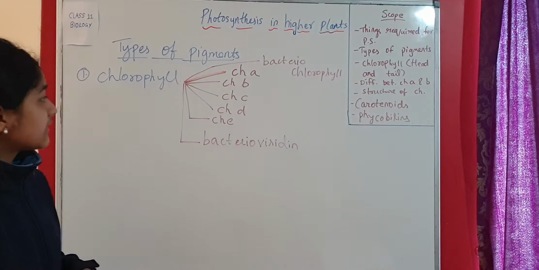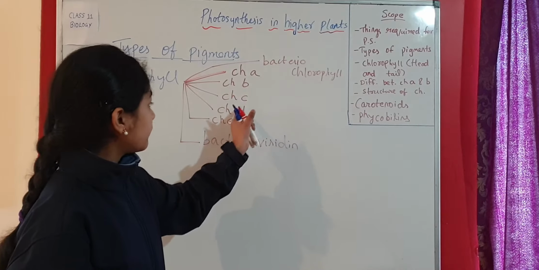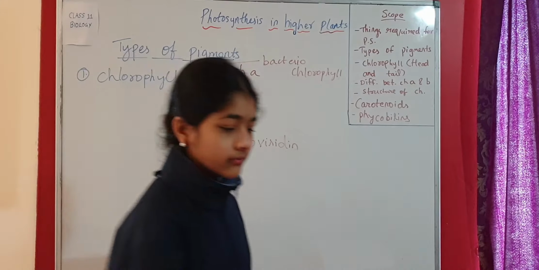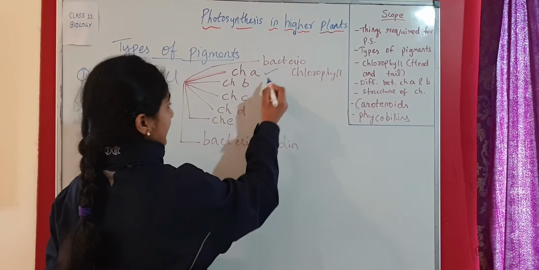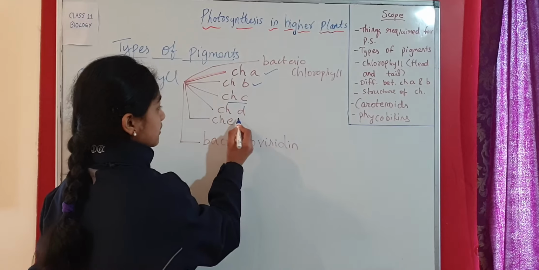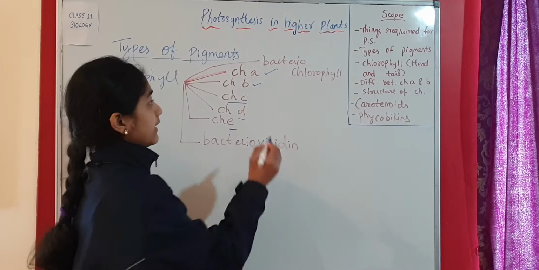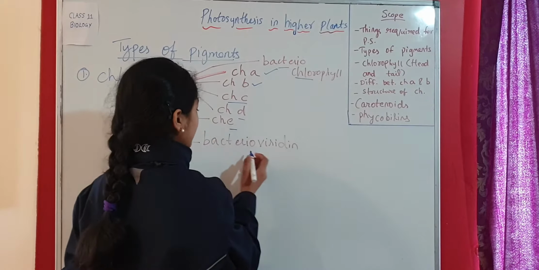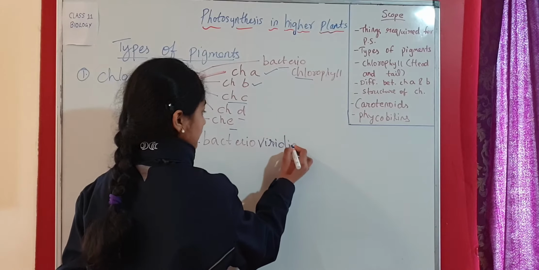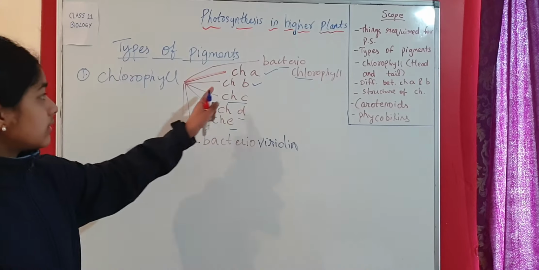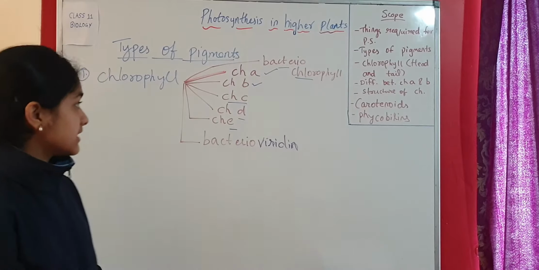So these are the 7 types of chlorophyll which are present.